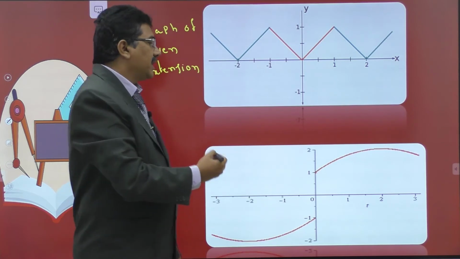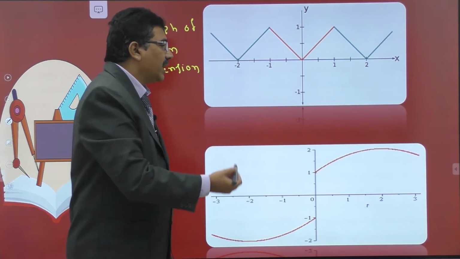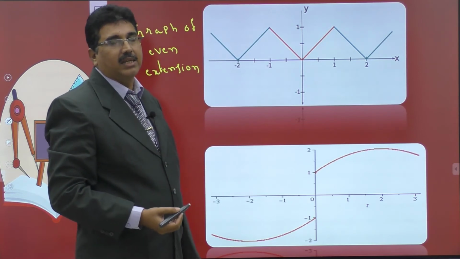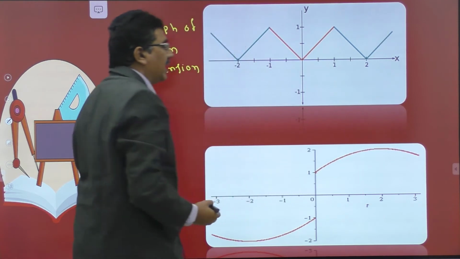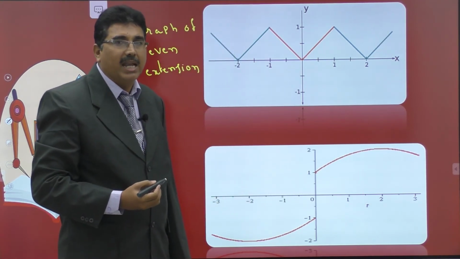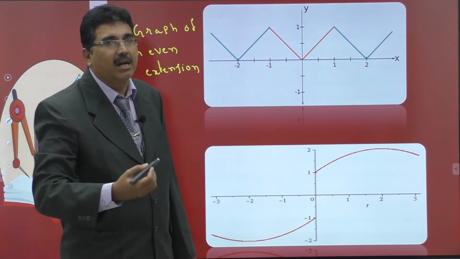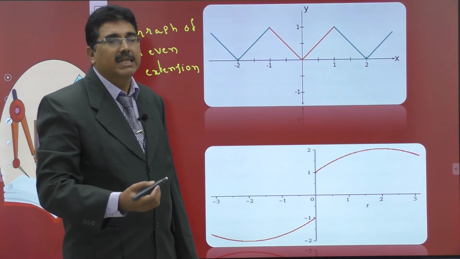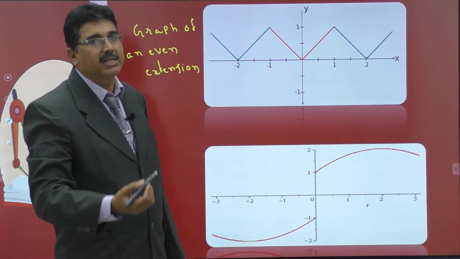Observe that the graph is symmetric about the origin, so f of x becomes an odd function. If f of x becomes an odd function, the extension of f will be an odd extension.